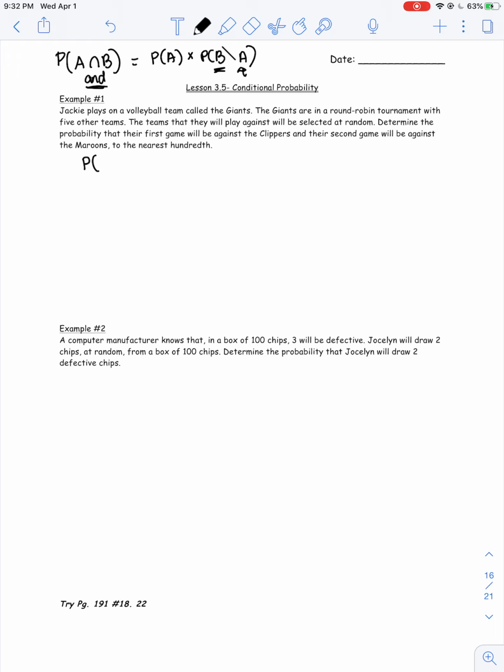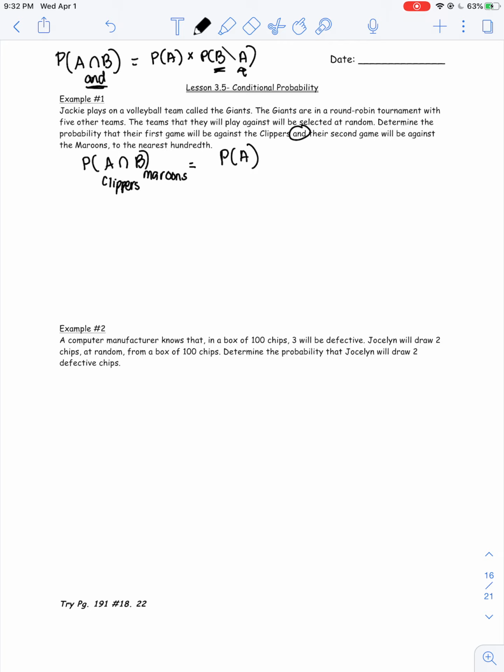Okay, so we want to figure out the probability that they will play the Clippers and, you see that keyword, and then they'll play the Maroons. So Clippers will be first, and then Maroons will be second.